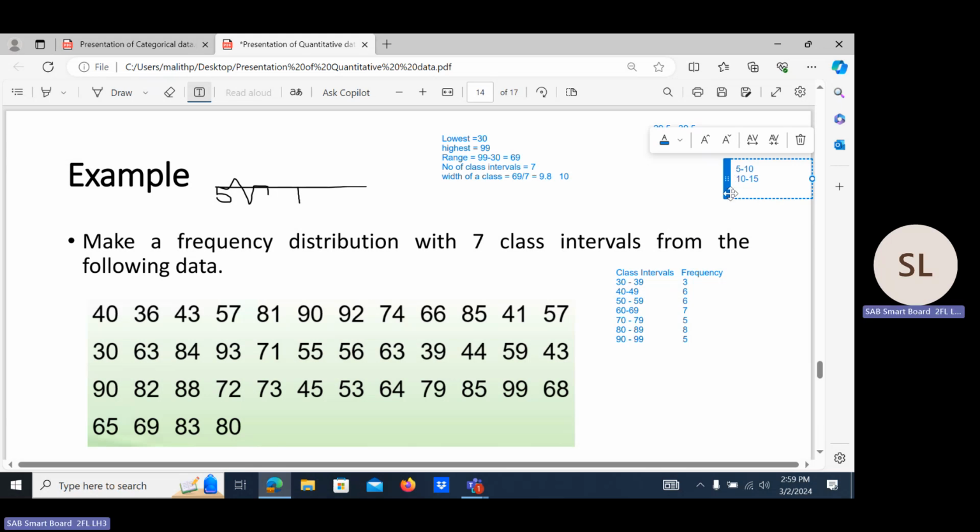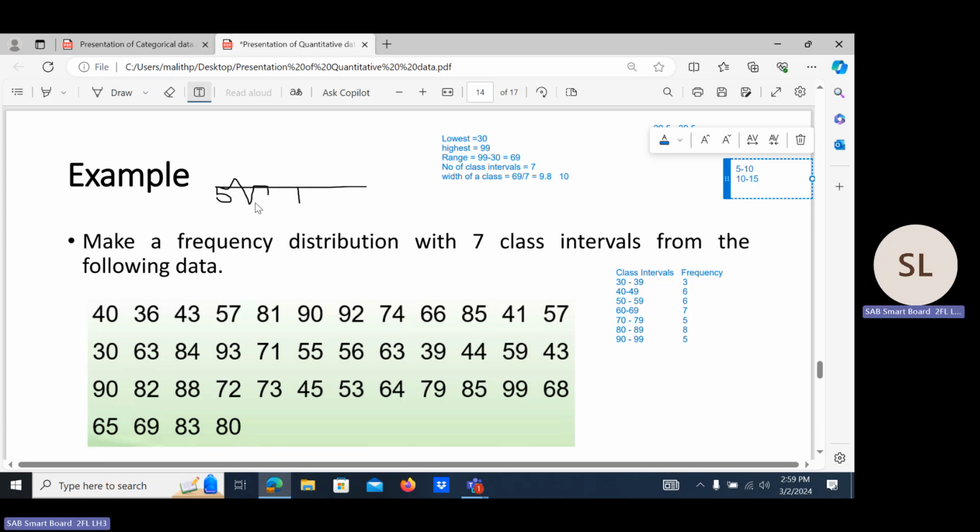This one starts from 5, the second is 10, then 15. 0 to 5 and 5 to 10 are the same gap, so we do not need to draw the false line. First we look at the range between two class boundaries.